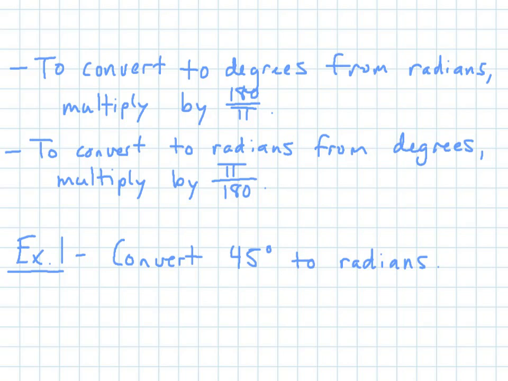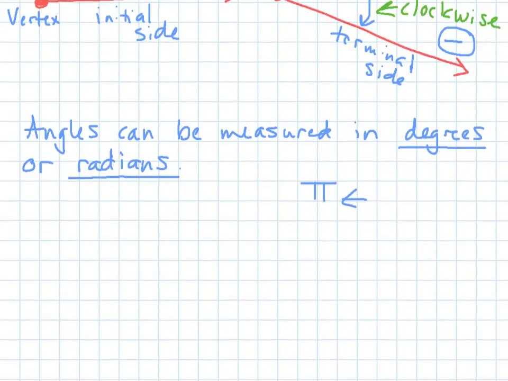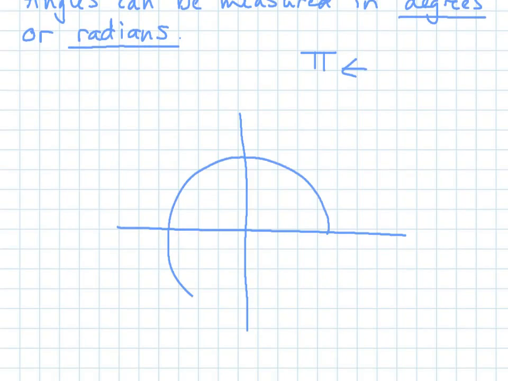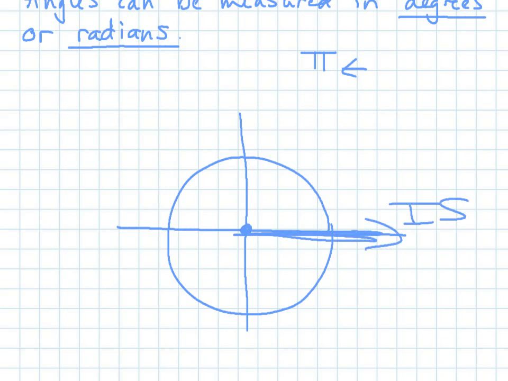Now you're probably wondering, where does that measurement come from? So if you think about a circle, if I was starting from the center of that circle, remember this is my initial side, and I go all the way around in degrees, that would be 360 degrees.